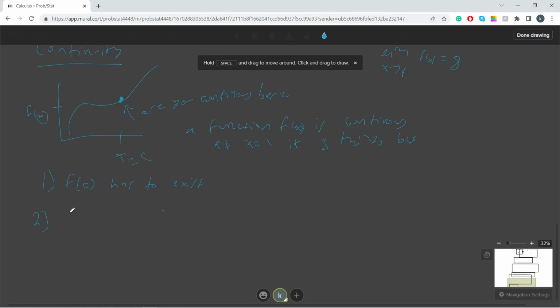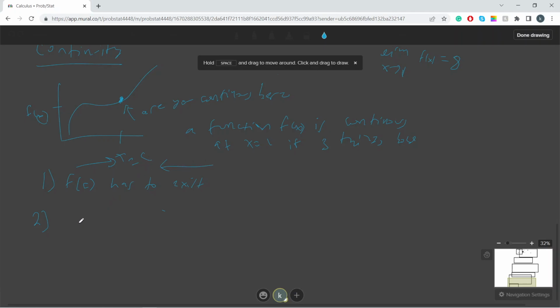And number two, we have to check that the limit exists. So when we're looking at numbers that are close to x equals c, we want to see, as x gets closer to c, what does f of x approach? We have to consider two possibilities: you approach x equals c from this side, and you approach x equals c from this side.